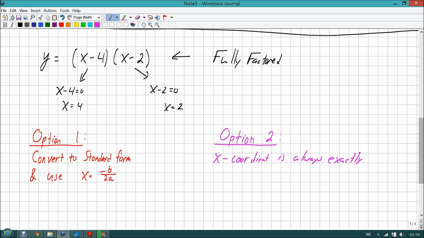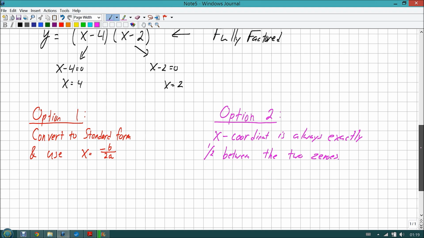Option 2 says that the x-coordinate is exactly halfway between the two zeros, which means that we'd be using the midpoint formula.